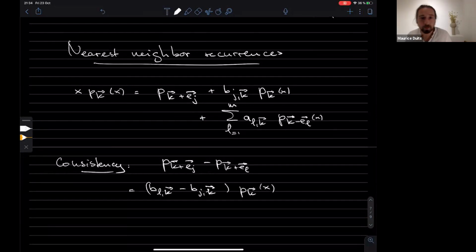That's just the left-hand side. So these are consistency relations. So there are all kinds of relations here, and from these consistency relations, you could actually build also different recurrences. You can play around. There is a whole set of equations that you can play with.